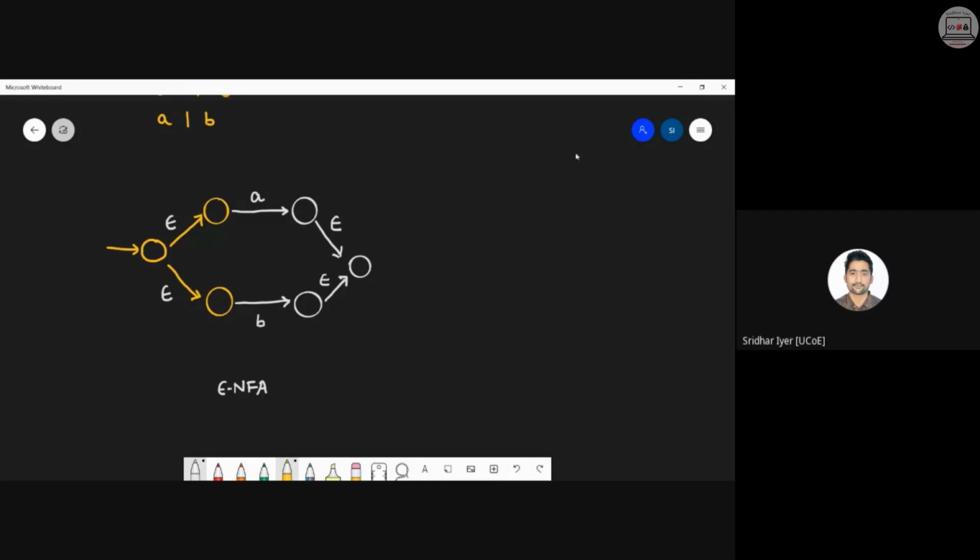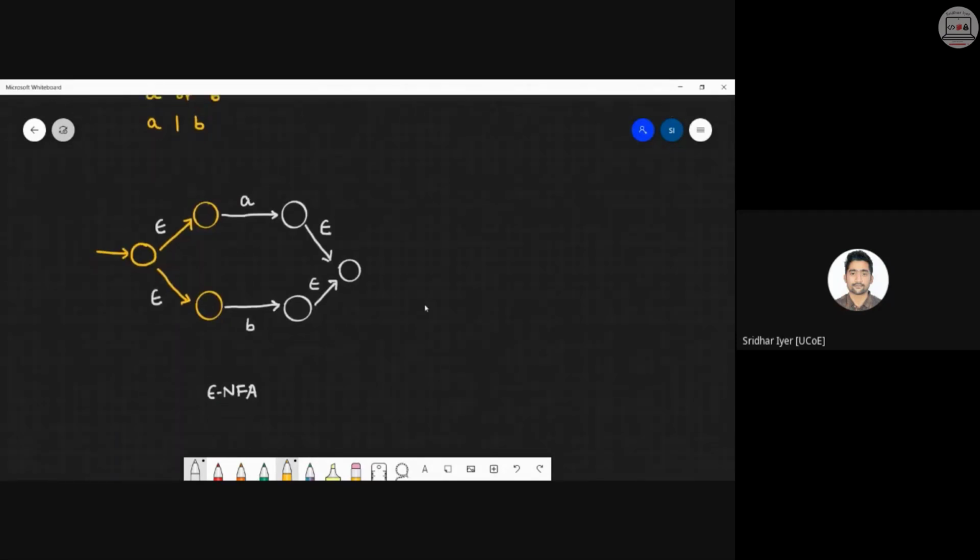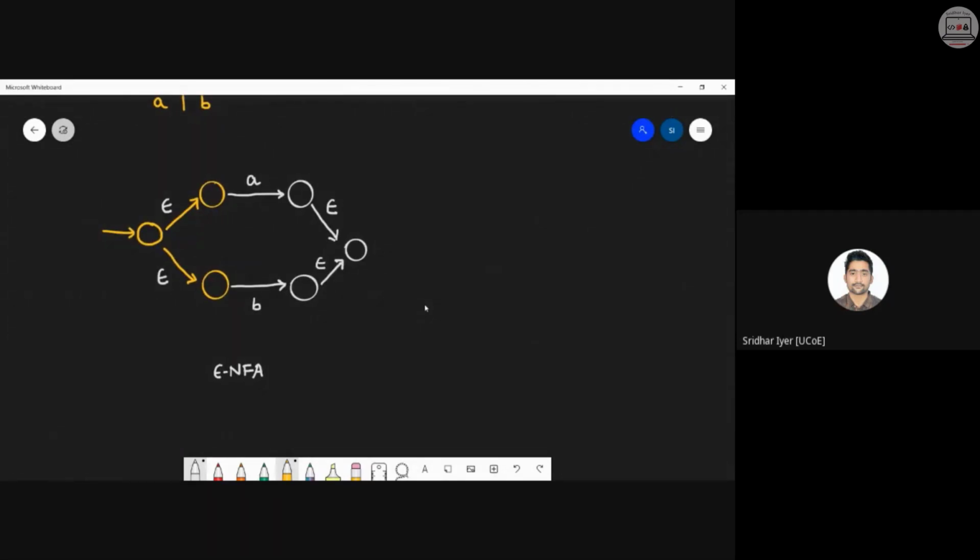But in the question, it has been asked that we have to go for A plus B closure. Yes. So for A plus B closure, keep this in mind: whenever anything is raised to the power closure, for example over here, A raised to closure, we need to add one state before the particular string is formed and one state after the string has formed. Clear? Why so?